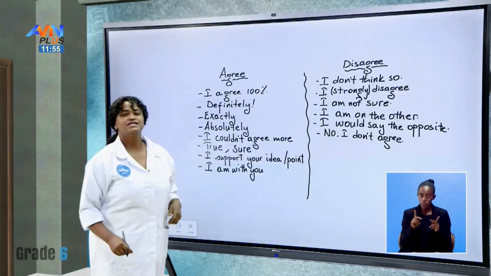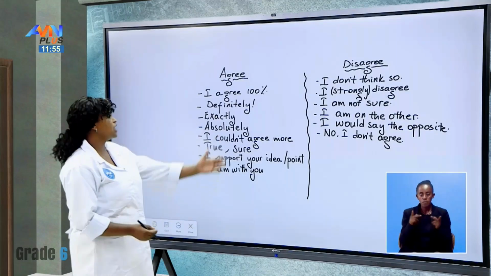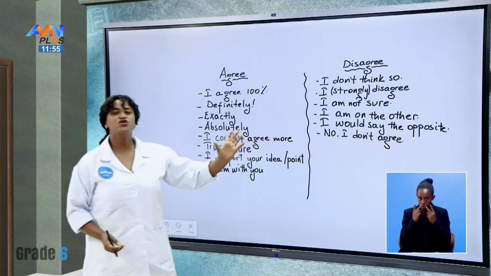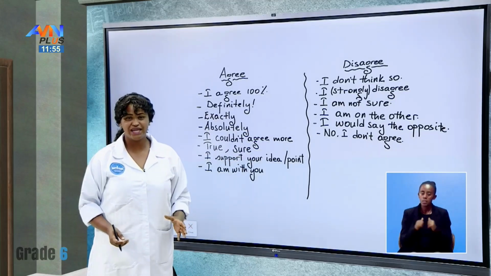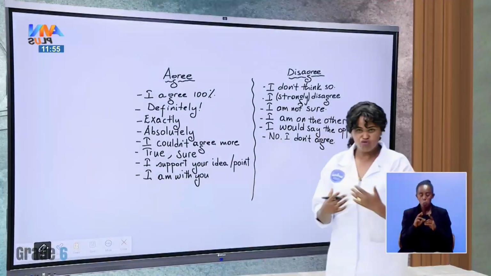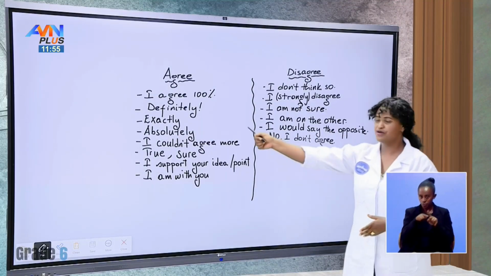These are some of the common phrases that we use to express our agreement and disagreement. Let us see how we use them in a sentence. Are you ready? Let's make a dialogue or a role play between two students, okay? But we start with the positive one, with the agreement.